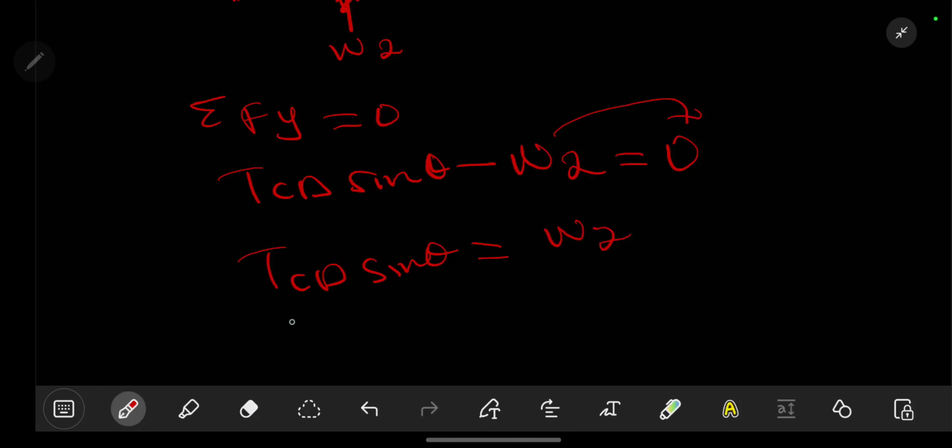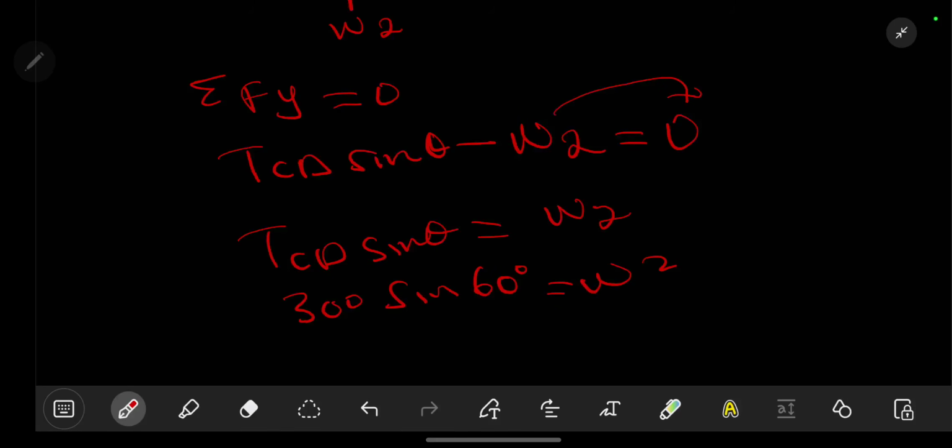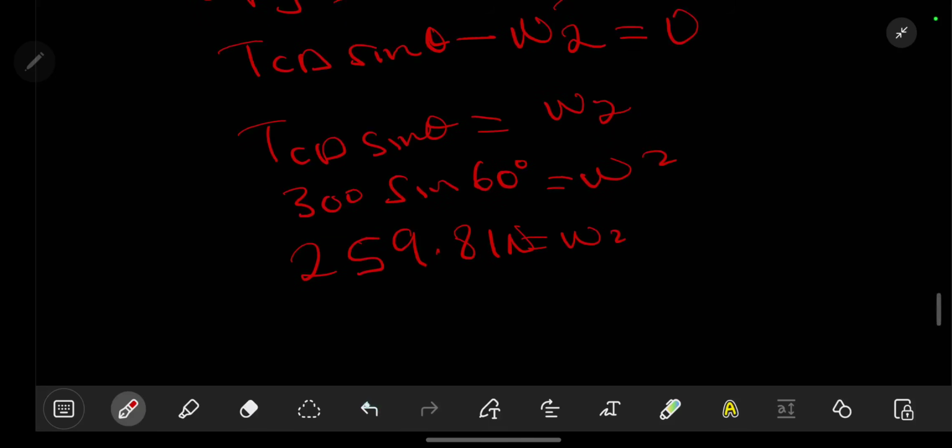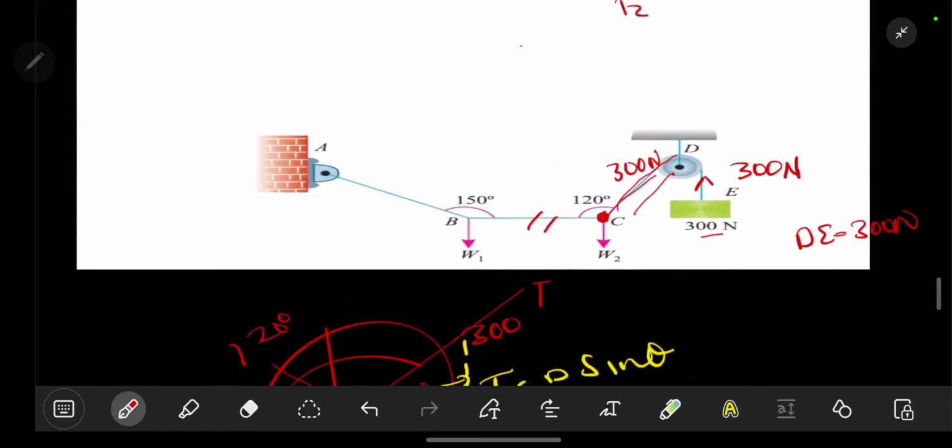We know that TCD is equal to 300. Then we have the sine of our theta, which is 60 degrees, equal to weight number 2. So when we press 300 sine of 60, this gives us a value of 259.81, which should be equal to weight number 2. Weight is a force, therefore it shall assume newtons.